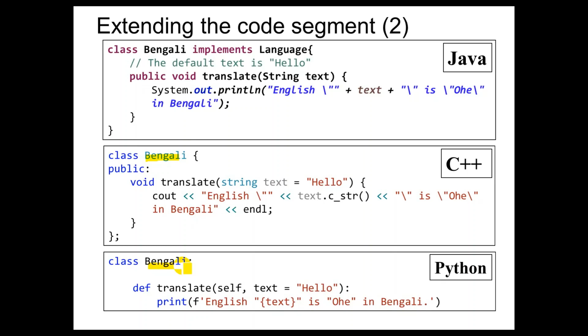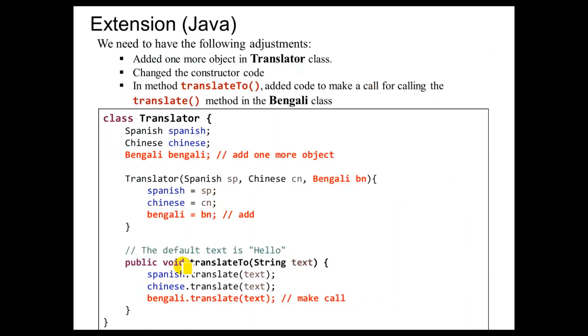First in Java. For the extension in Java, we need the following adjustments. First, we added one more object in the translator class. Next, we changed the constructor code. You can see one change here in the constructor code and one more change here.